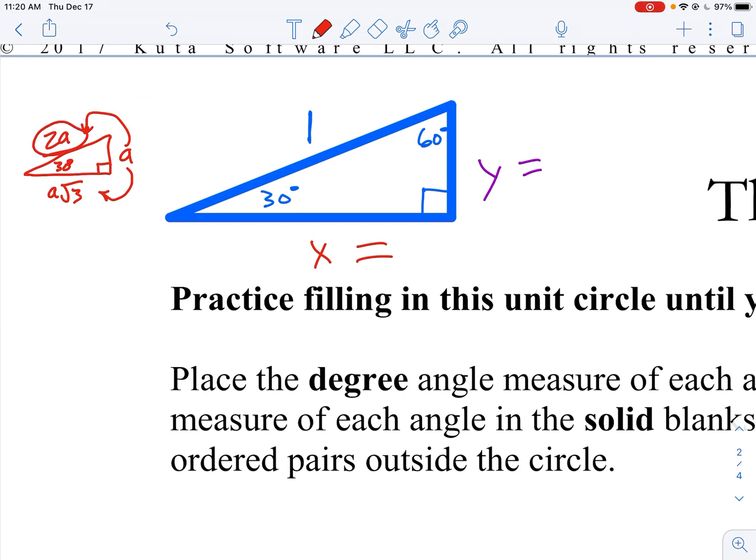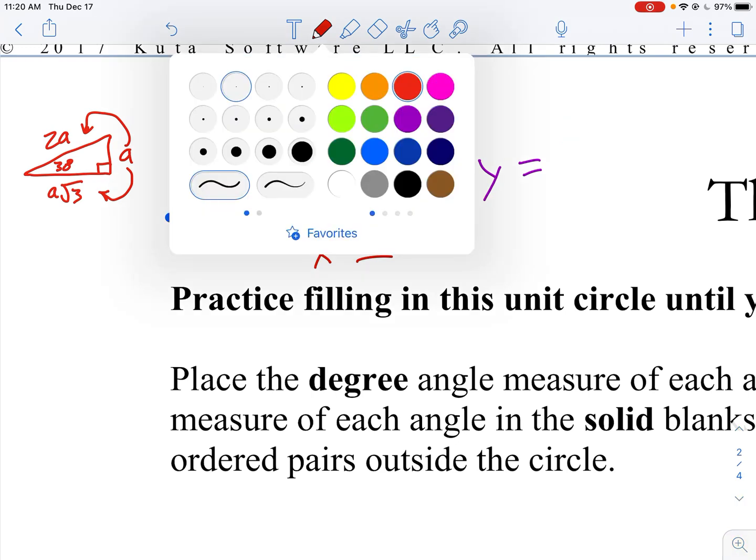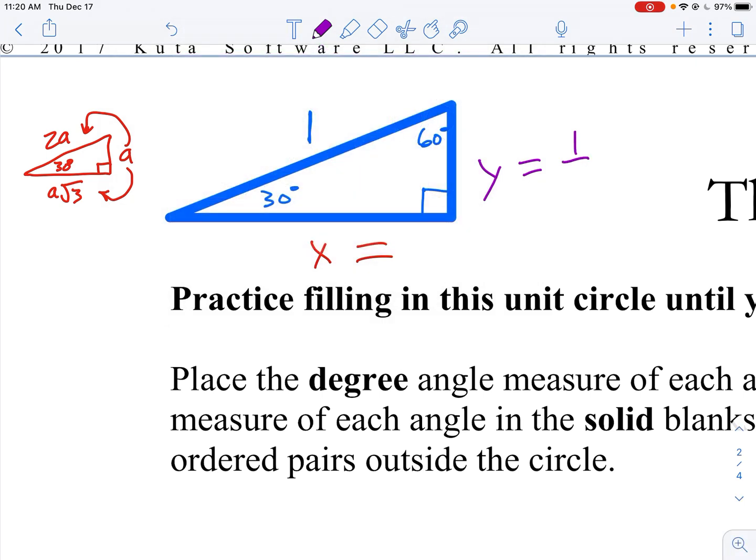This lets me know that the hypotenuse is double the smallest side length. So if my hypotenuse is 1, what does that make my smallest one? Hopefully you said 1/2, and that is going to be right. This is going to be 1/2, because on a 30, 60, 90 triangle, the hypotenuse is double the shortest length.